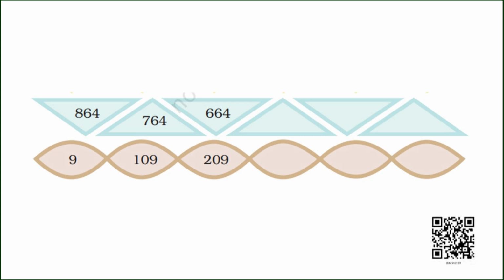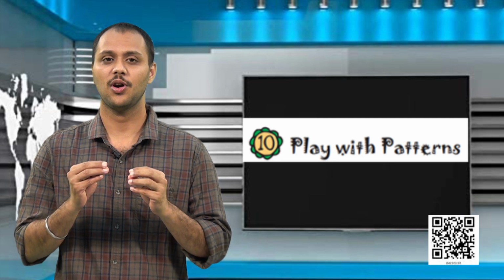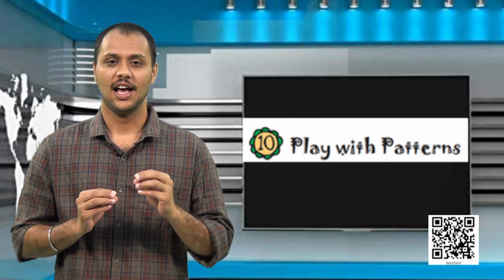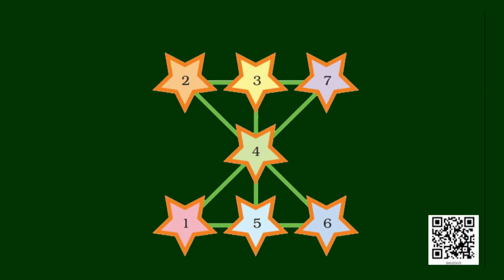Okay? Now we are going to see some magic numbers. Numbers which when arranged in some order will get a magic. Let us see that. See these stars. They are arranged in horizontal as well as vertical order. And there are numbers in these stars. Do you see that?